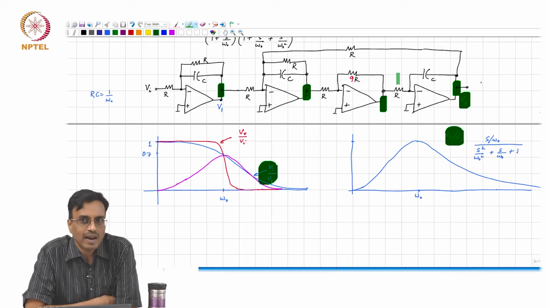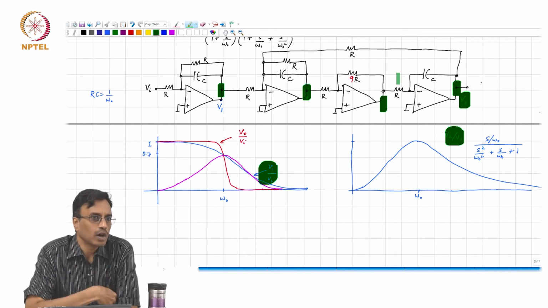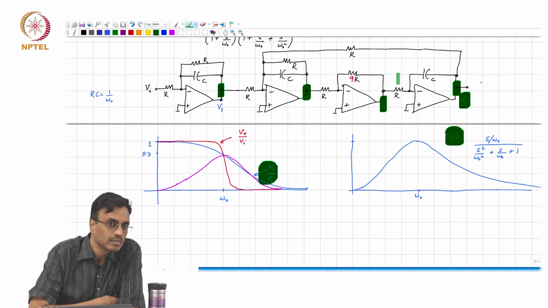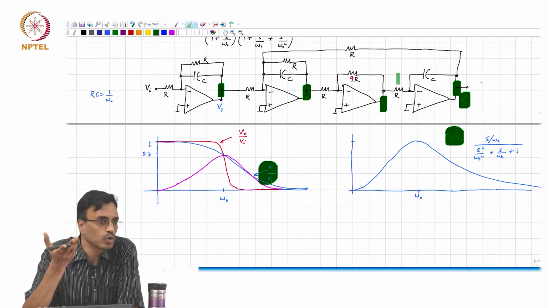But let's say I want to do it anyway. What could you do to bring the omega naught and the q back to what they were originally? What is the simplest thing? If you had to just change one element, what do you think you could do?